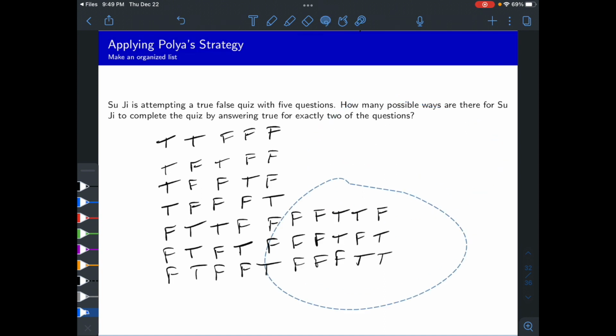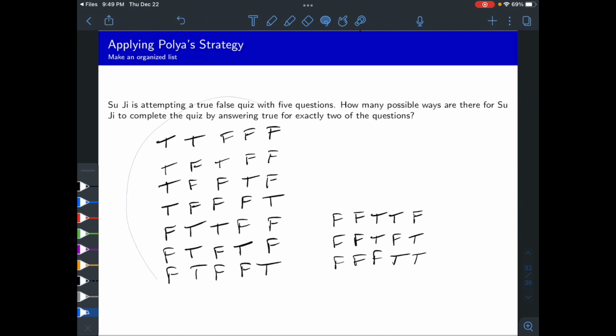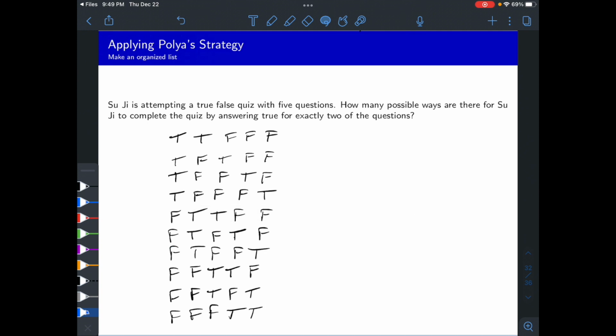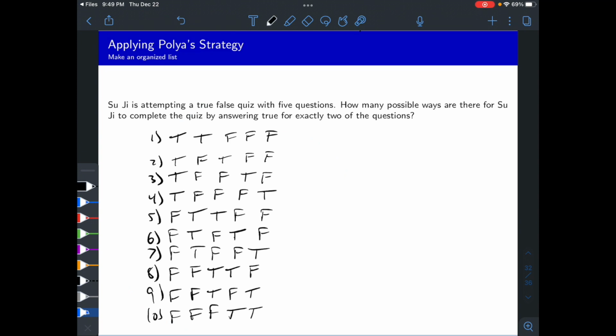So let's move this down here and organize our list a little better. We have 1, 2, 3, 4, 5, 6, 7, 8, 9, 10 total options. And because of how we organized our list, we can confidently say that there are 10 possibilities.